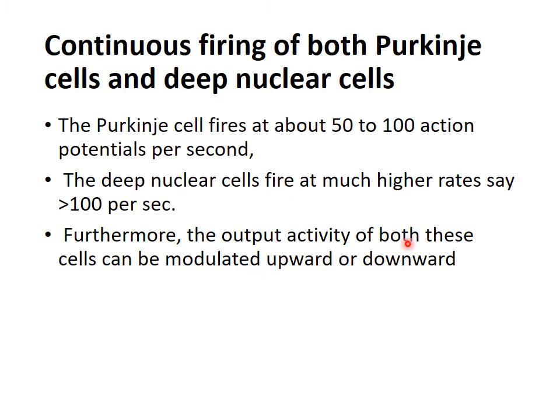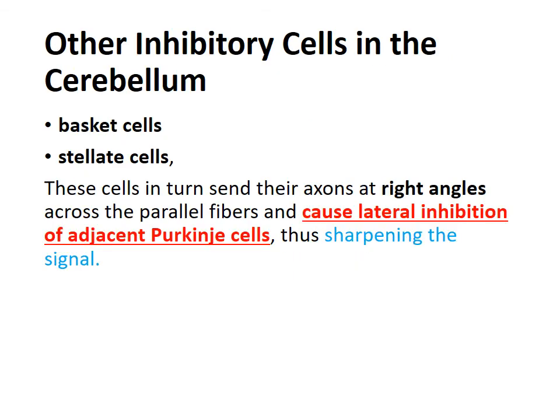So the output activity of both these cells can be modulated by the upward connection and by the downward connections. So till now we have learned three cells, remember: Purkinje cells, granular cells, deep nuclei cells. But there are other inhibitory cells in the cerebellum, basket cells and stellate cells.